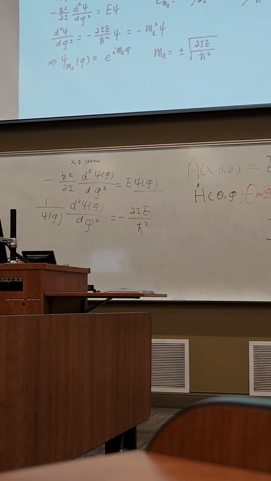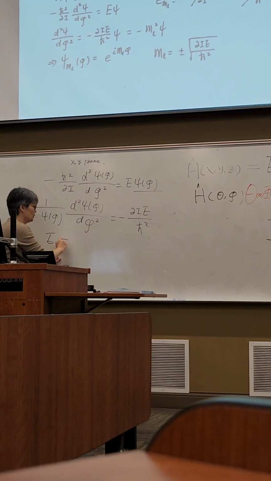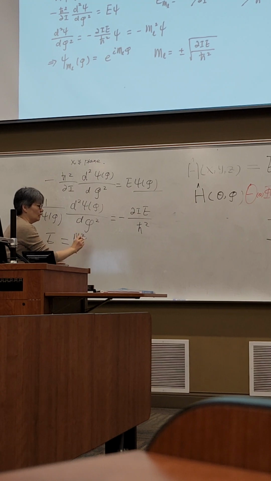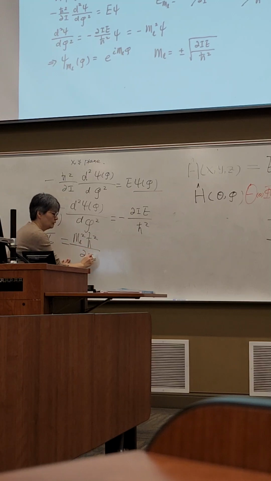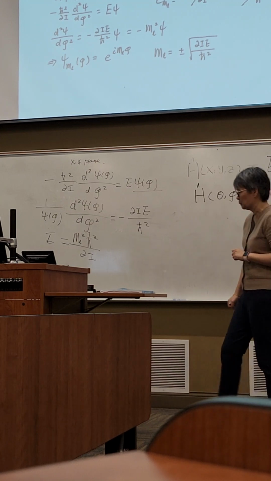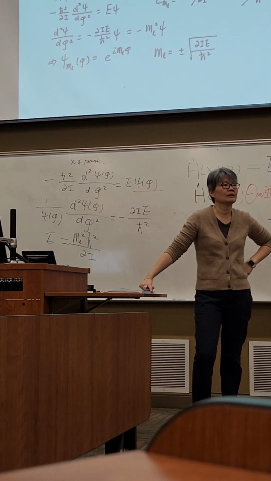All right. Now, what is the energy expression for rotation on a two-dimensional system? That equals n squared h bar squared over 2I. We solved for this, right? The energy for rotation on a two-dimensional system equals the quantum number squared h bar squared over 2I.